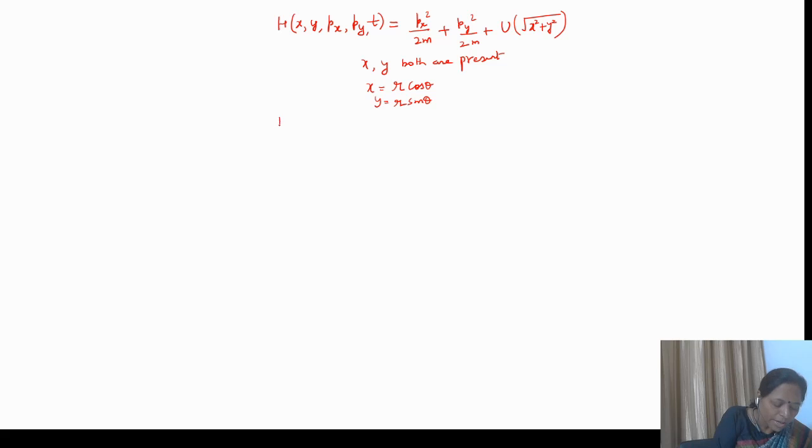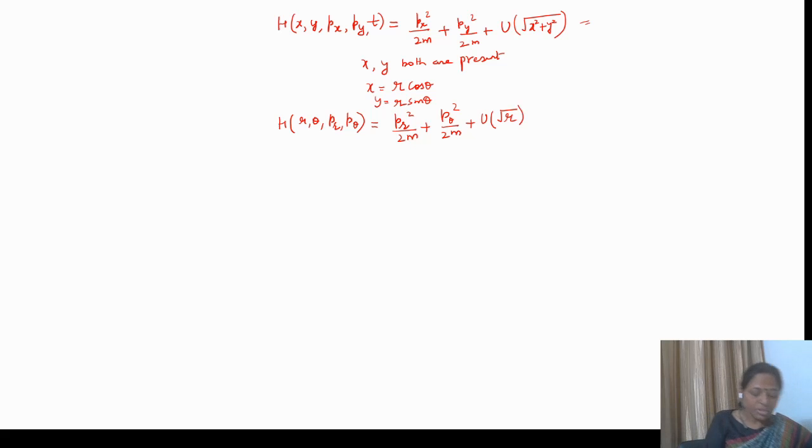Then H in terms of r, theta, pr, p theta, and naturally it is not depending upon time, so I am not writing t here. H is pr square upon 2m plus p theta square upon 2m plus U, a function of r.